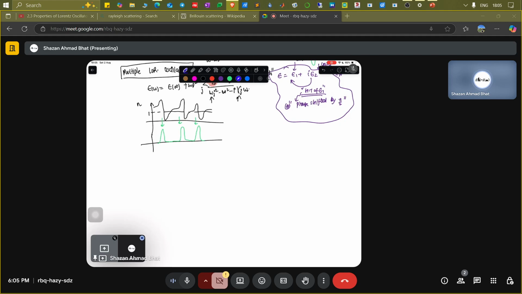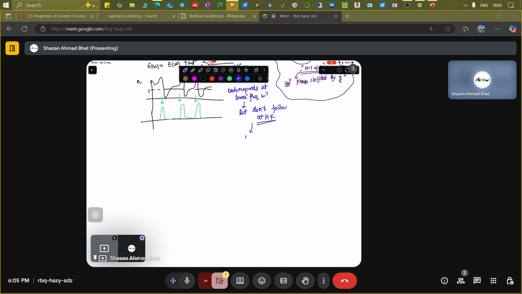Each oscillator responds at a lower frequency, lower omega, but they don't follow at high frequency. That is the problem.